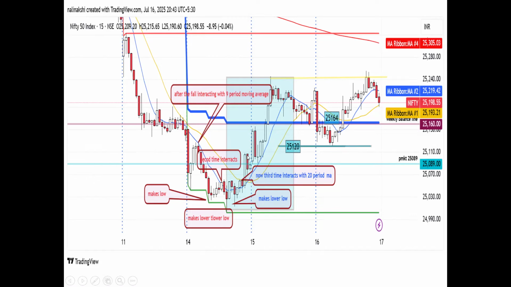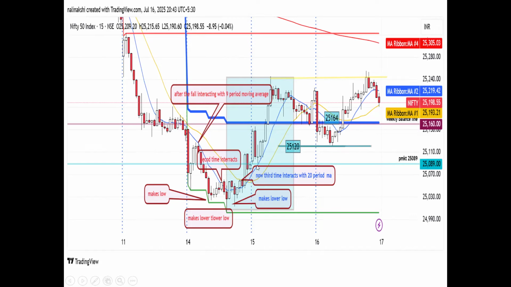You need to wait patiently, and you can see the price coming down and trying to interact with the 9-period moving average. You can see over here, after this, the second time it made a high, again it interacted with the 9-period moving average.